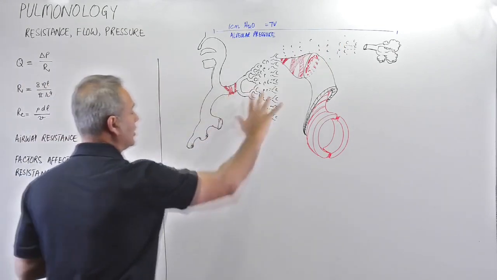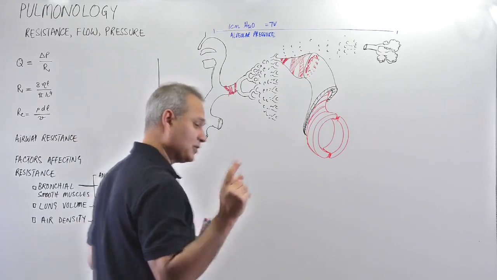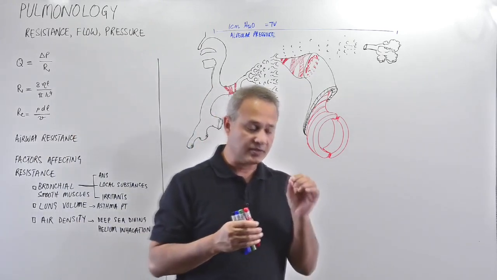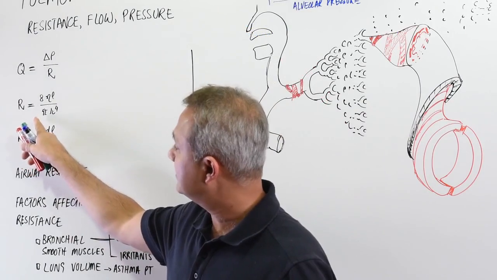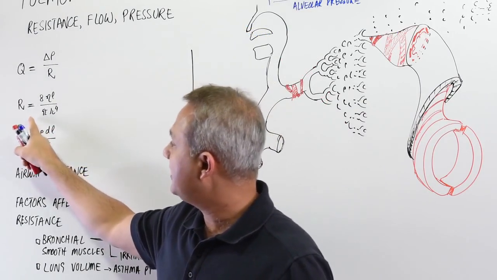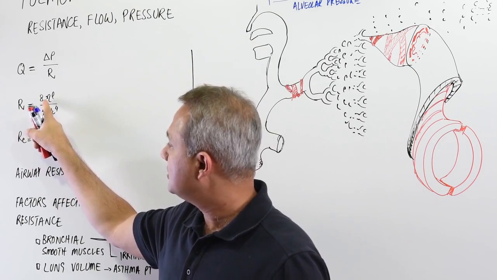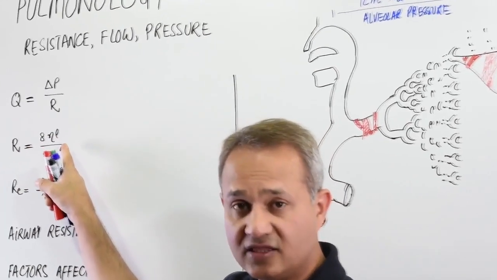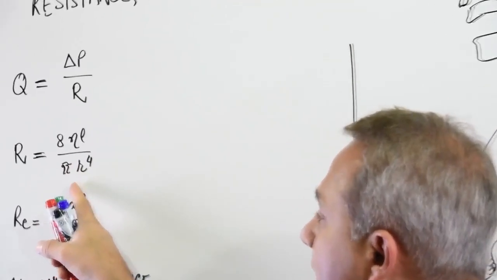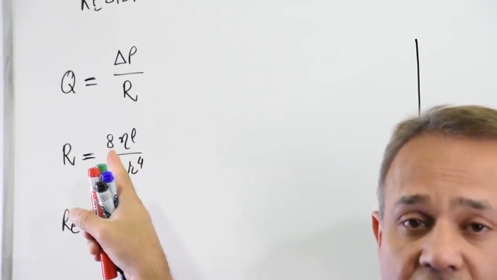resistance of the airway, the first thing to note is this. We talked about it in the cardiovascular system. Poiseuille's equation is that resistance equals a constant times the viscosity of the fluid times the length divided by pi r to the 4th, where the radius is the primary factor.